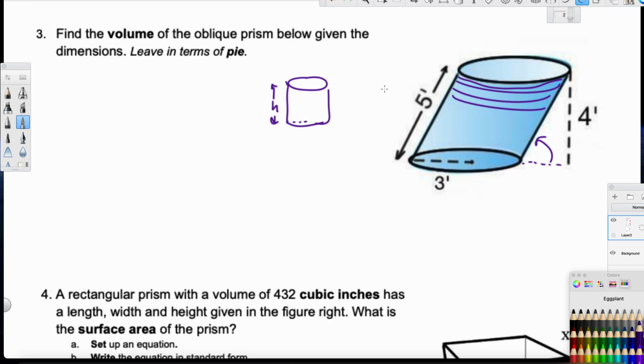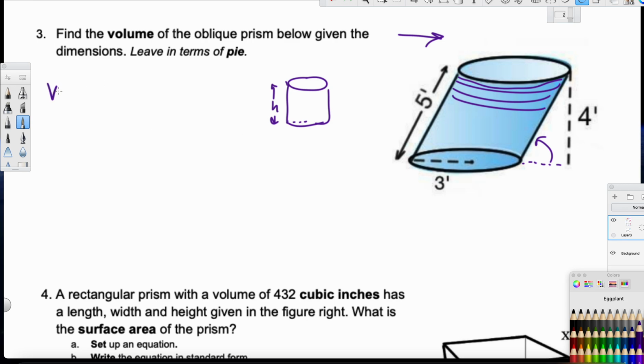If I were to push the stack of quarters this way, so it's now at this angle, that does not change the volume that the quarters take up. It still would take up the same amount of space. It doesn't matter how I move or push the quarters around.